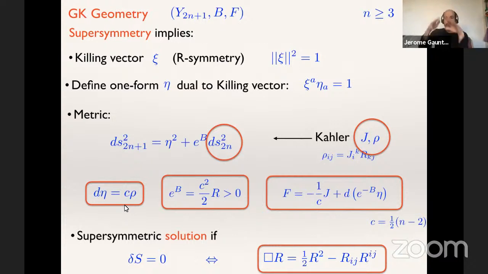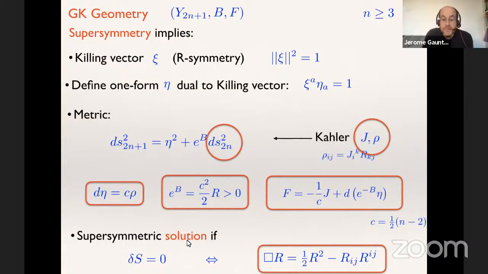So this scalar metric basically fills out the whole of the solution. Or in other words, if you want to actually construct explicit examples, if you had a scalar manifold with positive Ricci scalar, you could construct a solution, a solution with this supersymmetry.